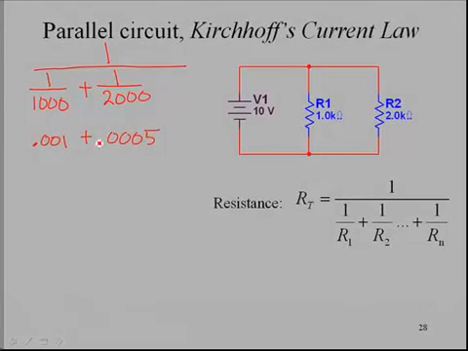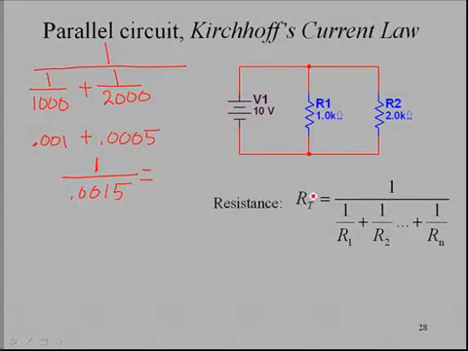And so roughly, if we added these two together, we would get about 0.0015, I believe, about 15 thousandths. And then our calculation would look something like this: 1 over this value, and that would equal our resistance.